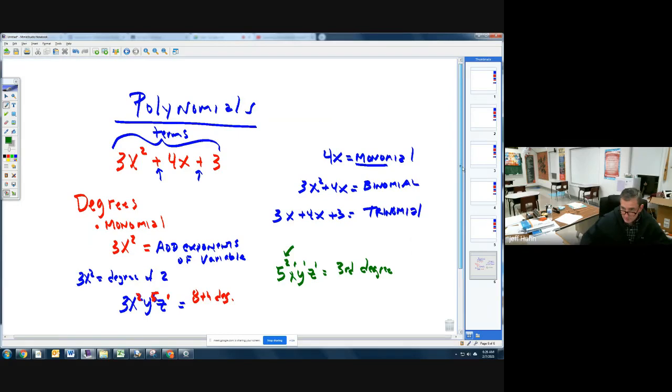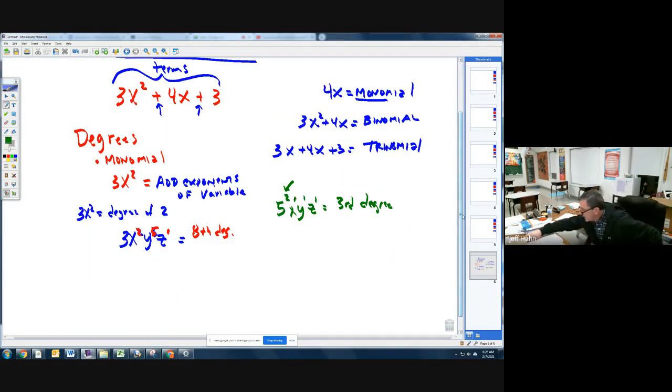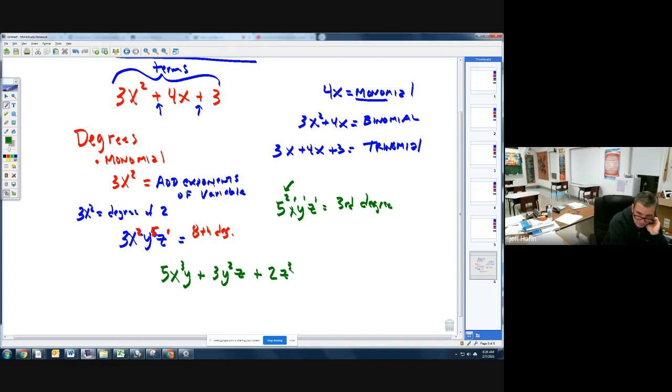Not to confuse you anymore, but polynomials also have degrees. So let's say I have 5x to the third y plus 3y squared z plus 2z cubed y to the fifth x to the second power.